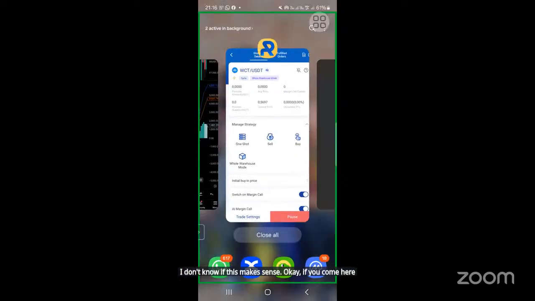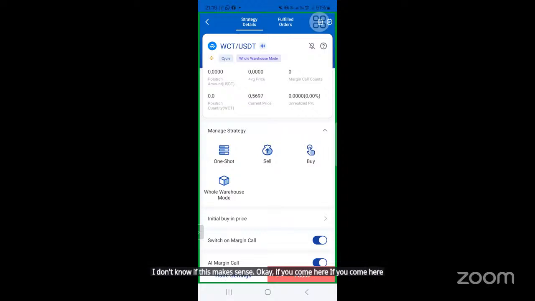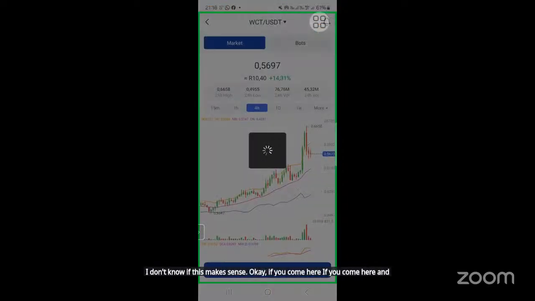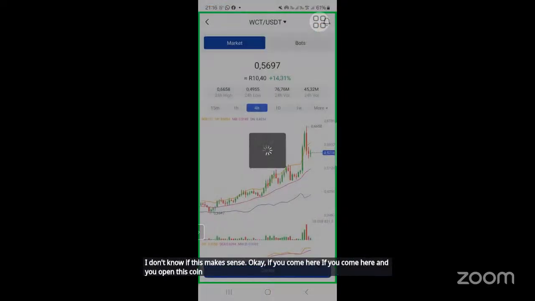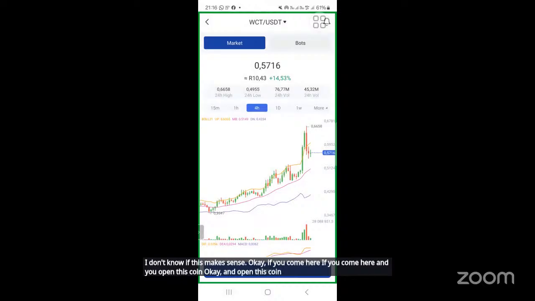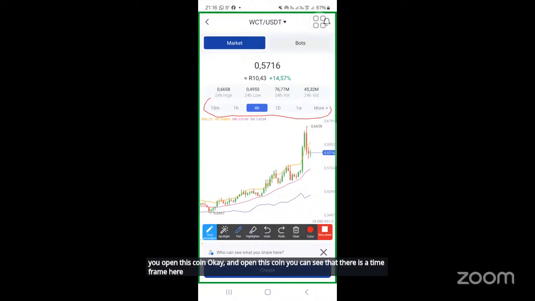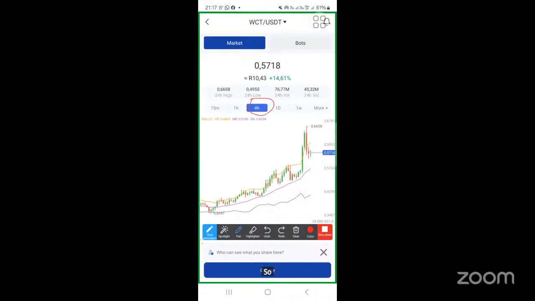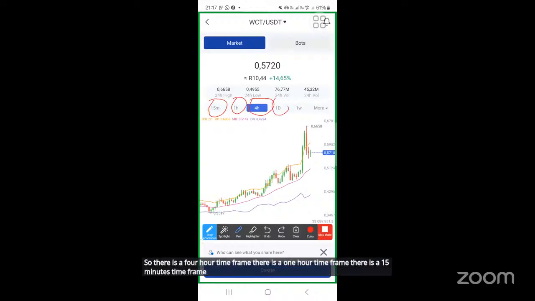Okay? If you come here and open this coin, you can see that there is a time frame here. There is a 4-hour time frame. There is a 1-hour time frame. There is a 15 minutes time frame. There is a 1-day time frame.